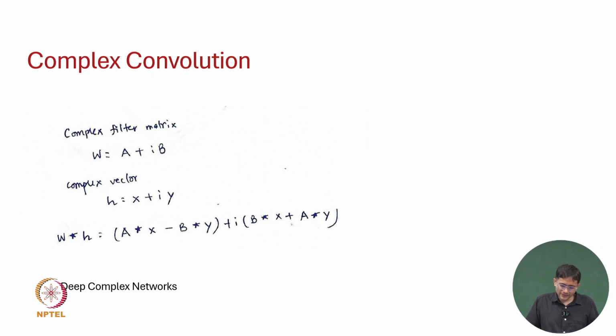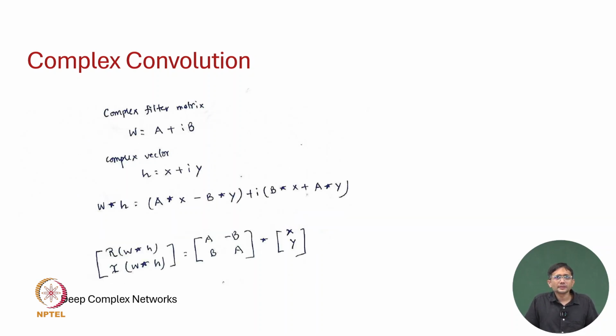Whereas in the imaginary part, what we are seeing is B convolve x, which is imaginary with real, and A convolve y, real with imaginary. So in the real part, the terms we are getting are basically real-real and imaginary-imaginary, whereas in the imaginary part, a cross relationship is happening.